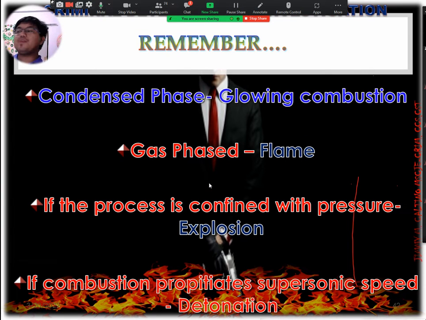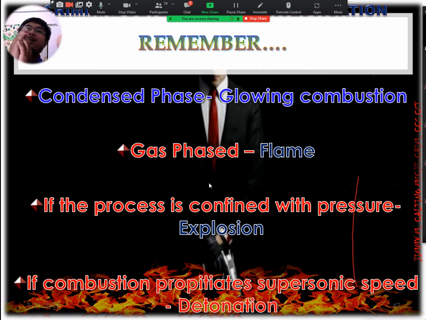So, remember, gentlemen and ladies, things also that you should remember, okay? Condensed phase, if yung apoy ninyo o yung sinusunog nyong bagay ay parang ipit na ipit siya, condensed. Okay? Compact, parang yung uling, di ba? Dikit na dikit siya, yung hangin hindi makapasok-pasok doon sa loob kasi matigas siya, made condensed.